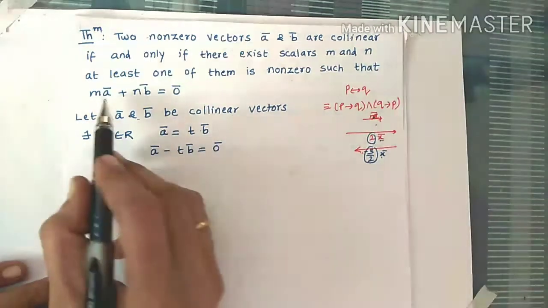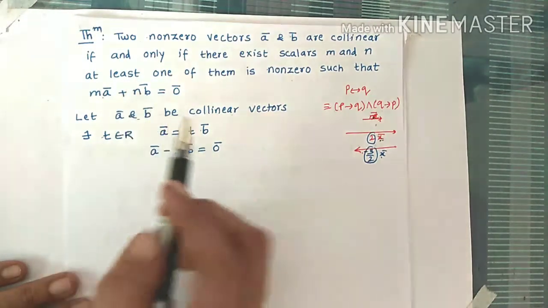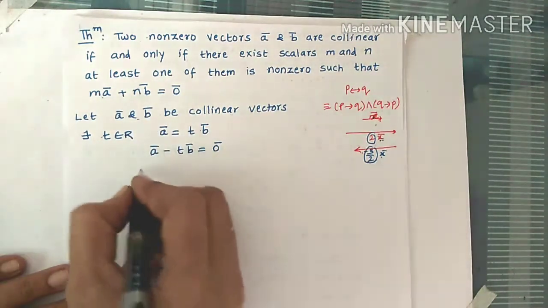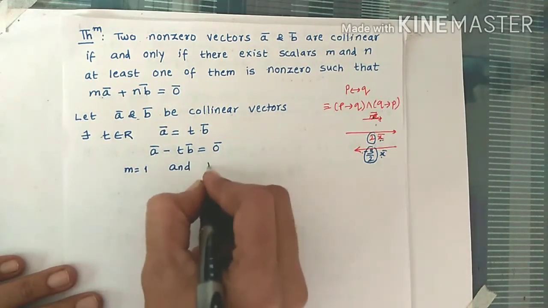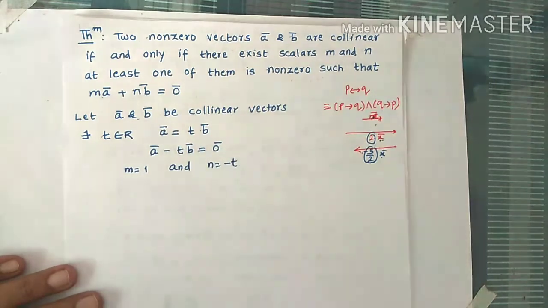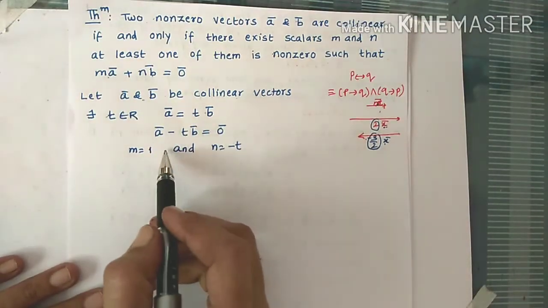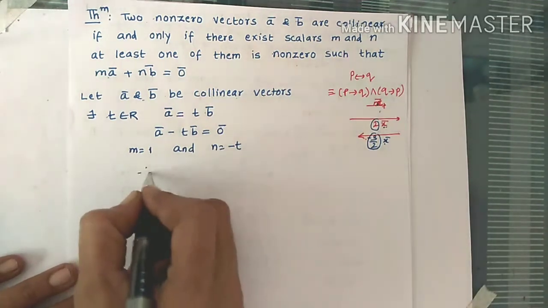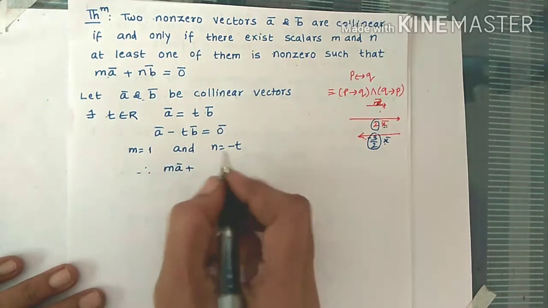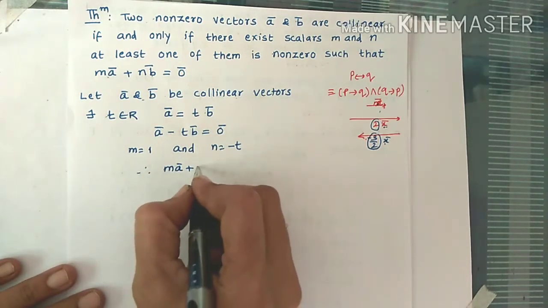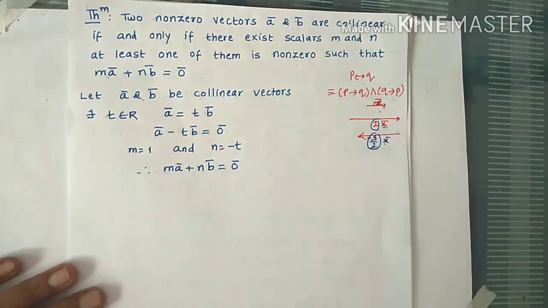Now comparing with m a bar plus n b bar, what we get is m equals 1 and n equals minus t. So these are the scalars. Therefore, for 1 and minus t, we have m a bar plus n b bar equal to 0 bar.